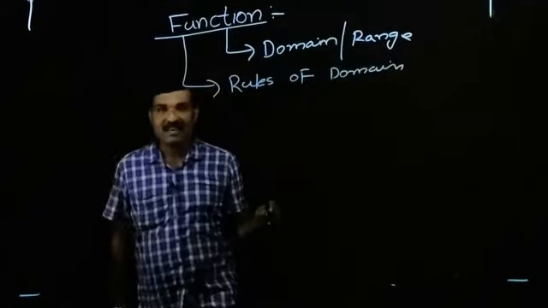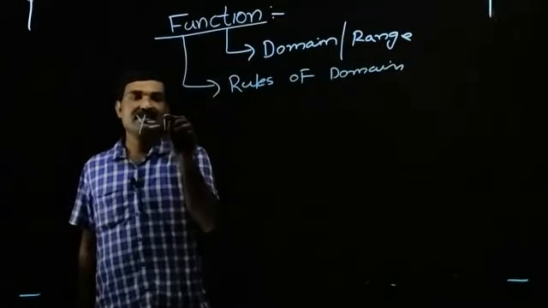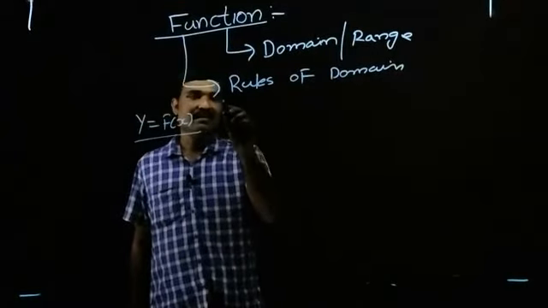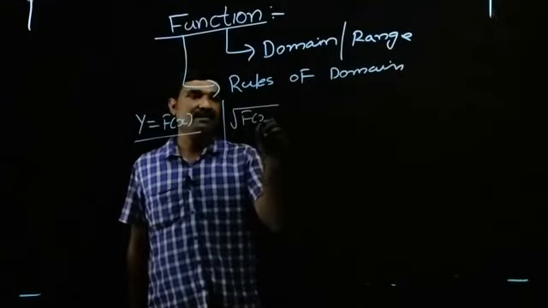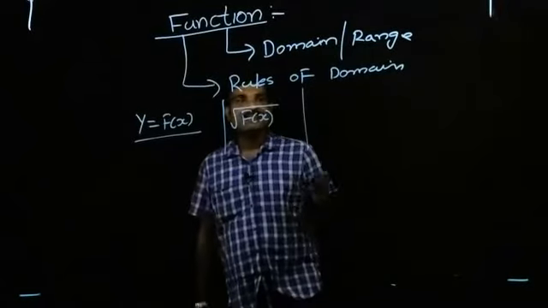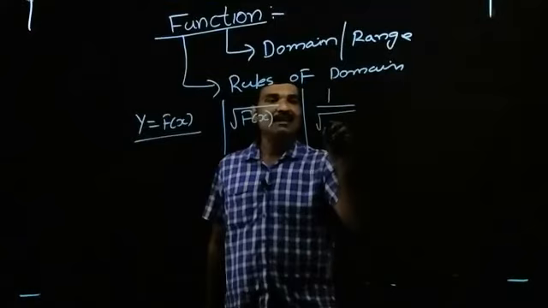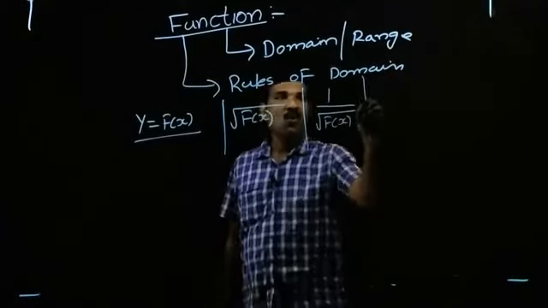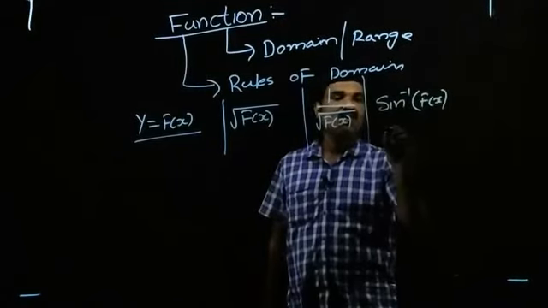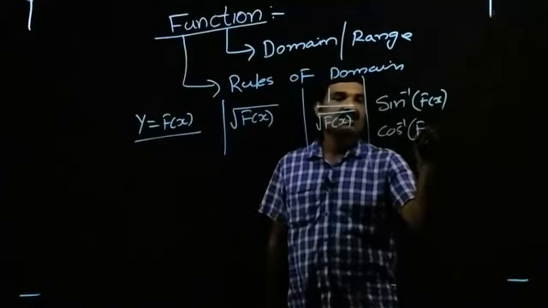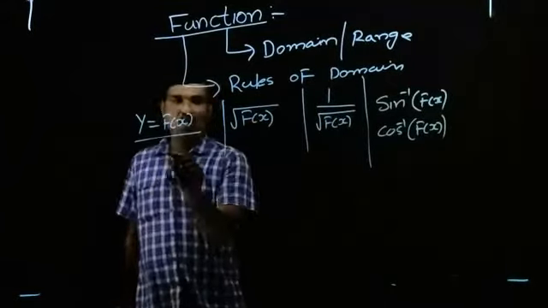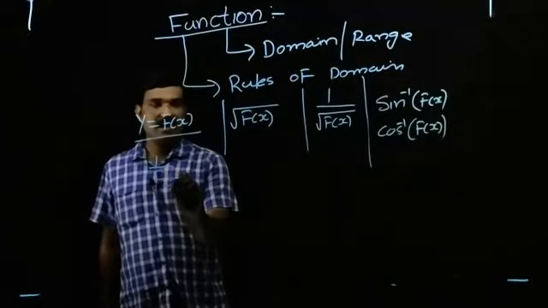Suppose we have a function y is equal to f of x, or we have a function that may be square root of f of x, or the function may be in the form 1 divided by square root of f of x, or sine inverse f of x, or cos inverse of the function f of x, or 1 by f of x.